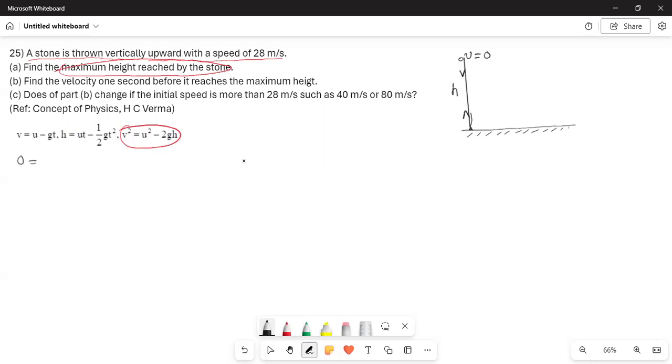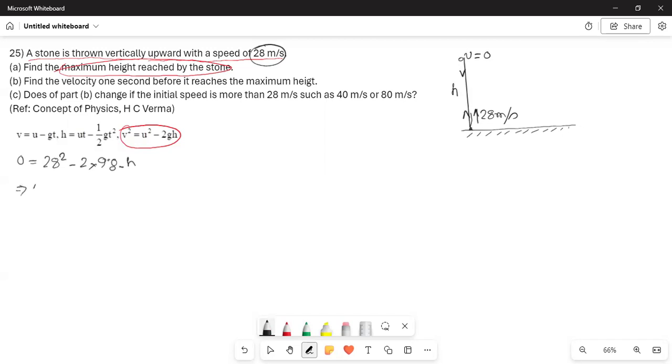The final velocity v is 0, equal to u square minus 2gh. It was thrown upward with a velocity of 28 meters per second, so u square is 28 square, minus 2 times g, which is 9.8 meters per second square, and h is to be found.